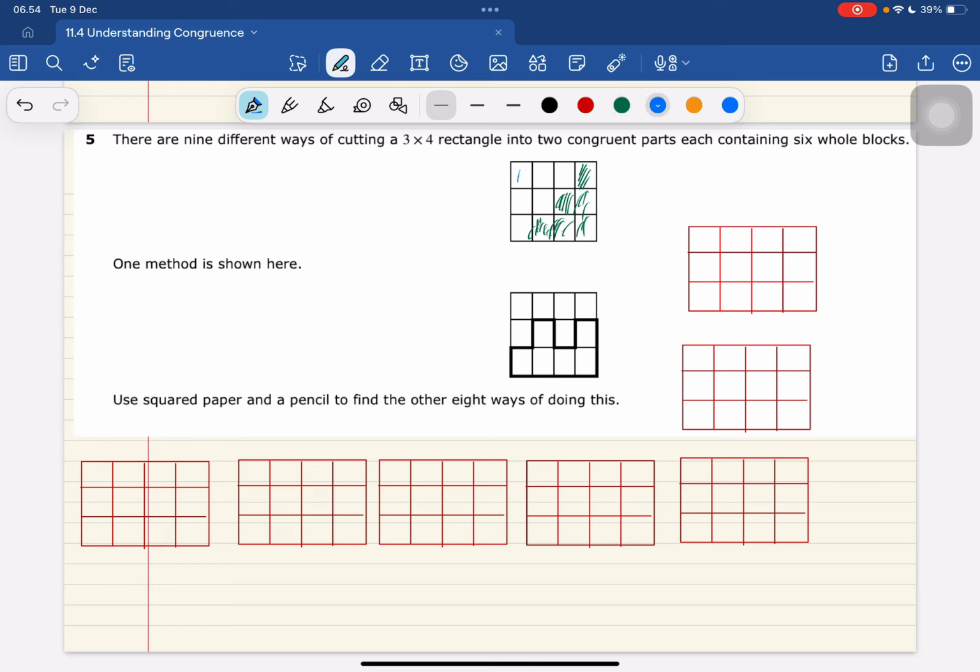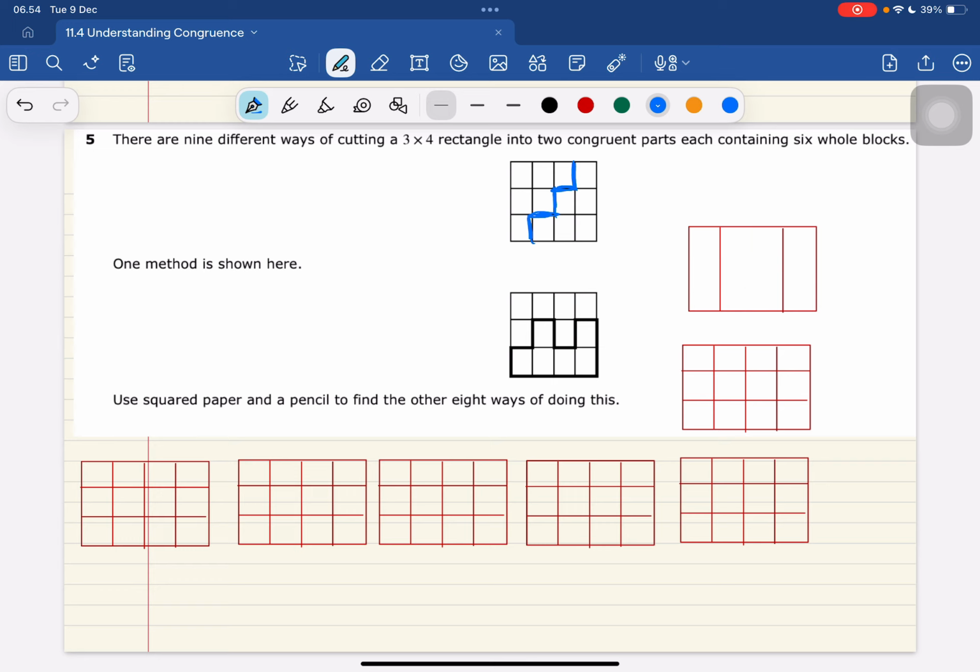So they are going to be congruent. Yeah, we can see, we can cut. First congruent we got. Second, we can make it like this. They are congruent.